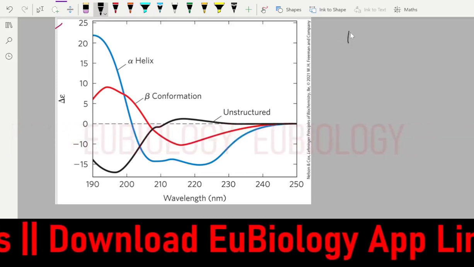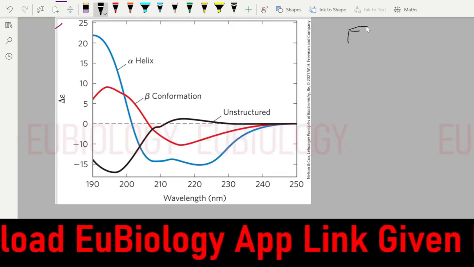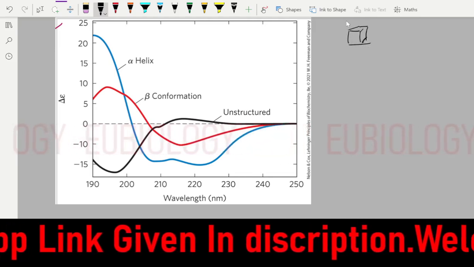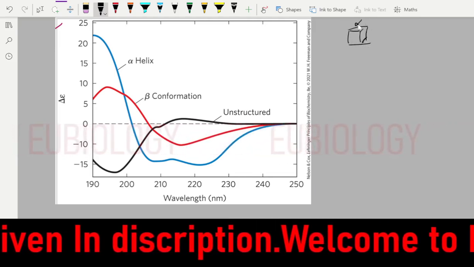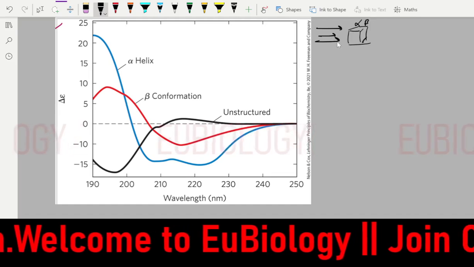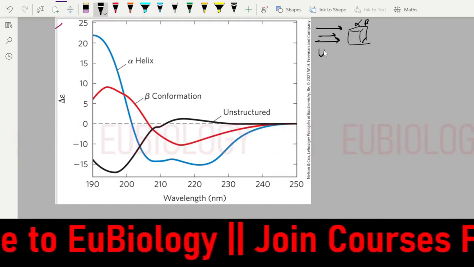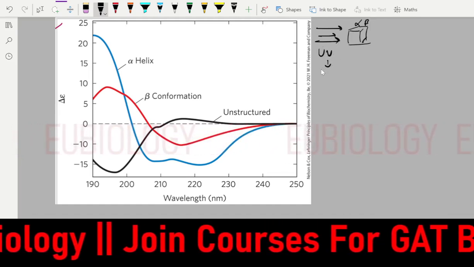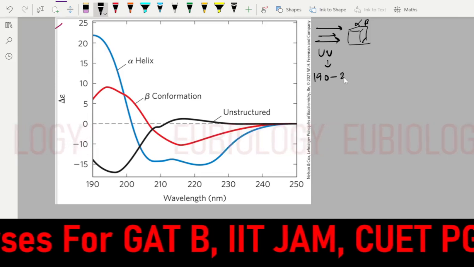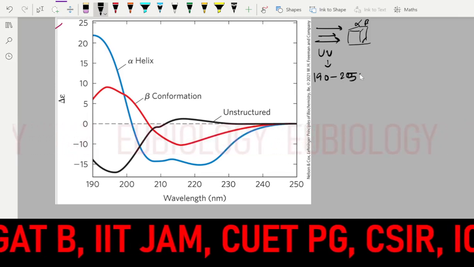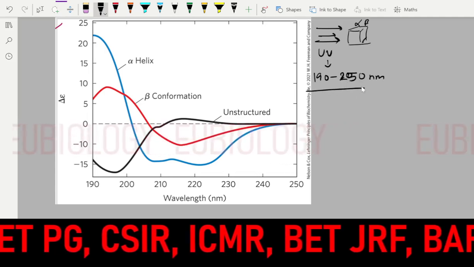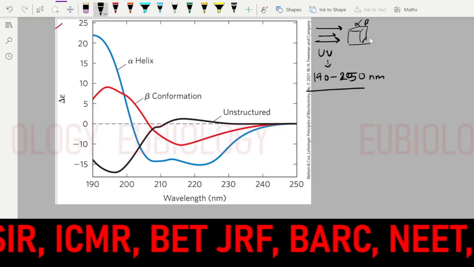Suppose there is a sample in which you put alpha and beta proteins. It will be given UV light, and this UV range will be around 190 to 250 nanometers.